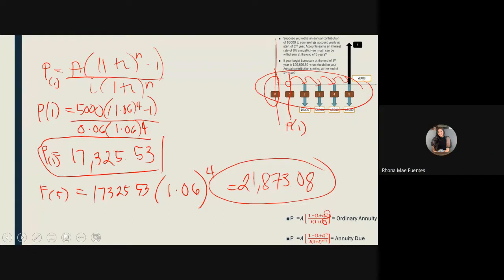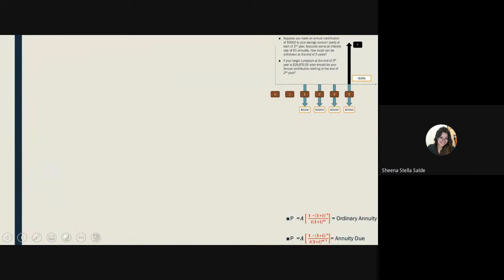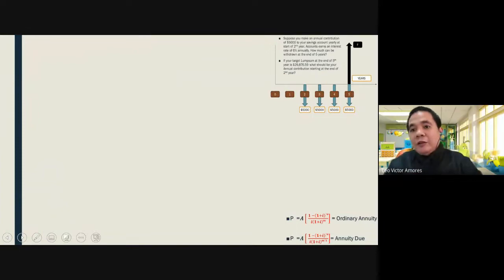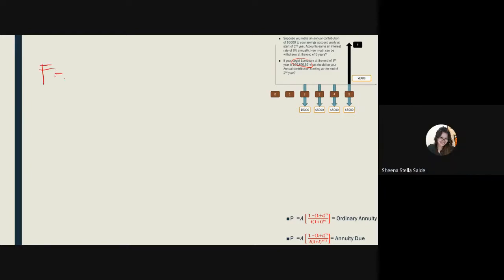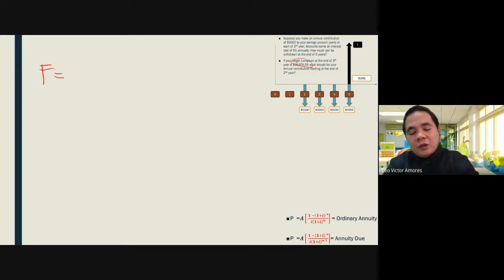Yes, sir. I'll proceed. If your target lump sum at the end of the 5th year is 29,876.59, what is your annual contribution starting at the end of the 2nd year? So that is F. You can solve it using these two ways.